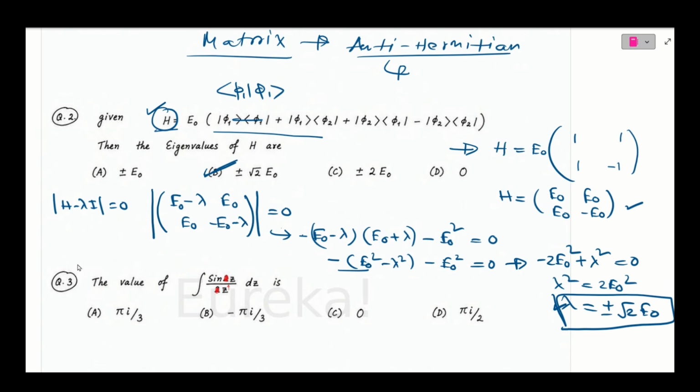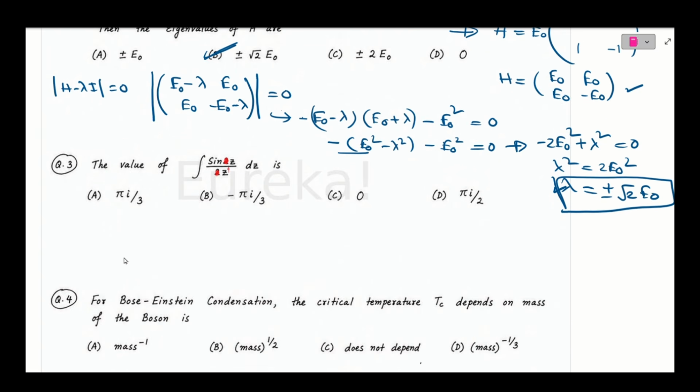Okay, next question 3 is from the contour integral, the complex integral. Here we have to find the integral of sin z divided by z to the power 4 dz. Okay, what is the value of the integration of sin z divided by z to the power 4 into dz? So here we use the complex integral, that is the residue theorem.